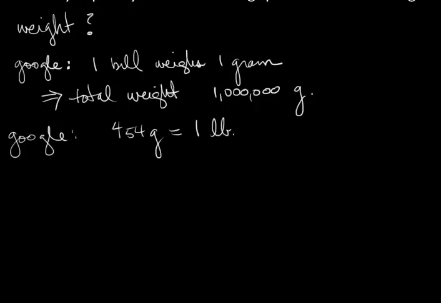So dividing 1 million by 454, I get the total weight. Means that the total weight of the $1 million is approximately 2,202 pounds.